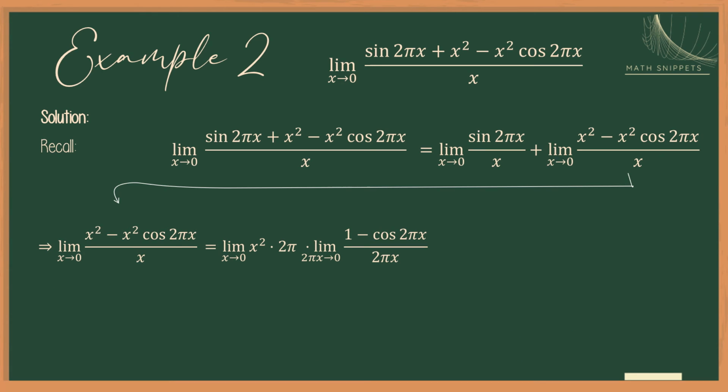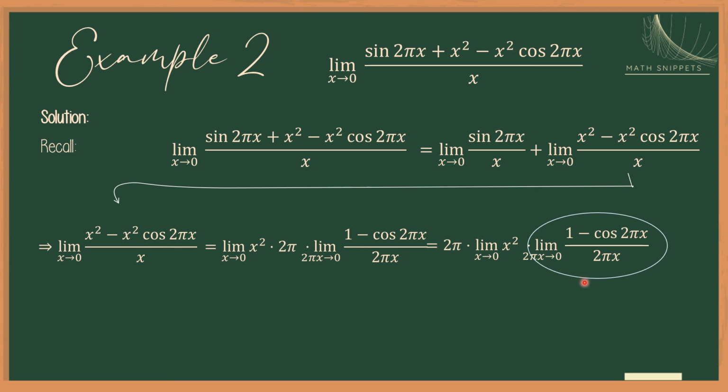So let's continue. We know that 2 pi is a constant, so we can factor it out of the limit. So we can rewrite this as 2 pi times the limit of x squared as x approaches 0 times the limit of 1 minus cosine of 2 pi x over 2 pi x as 2 pi x approaches 0.